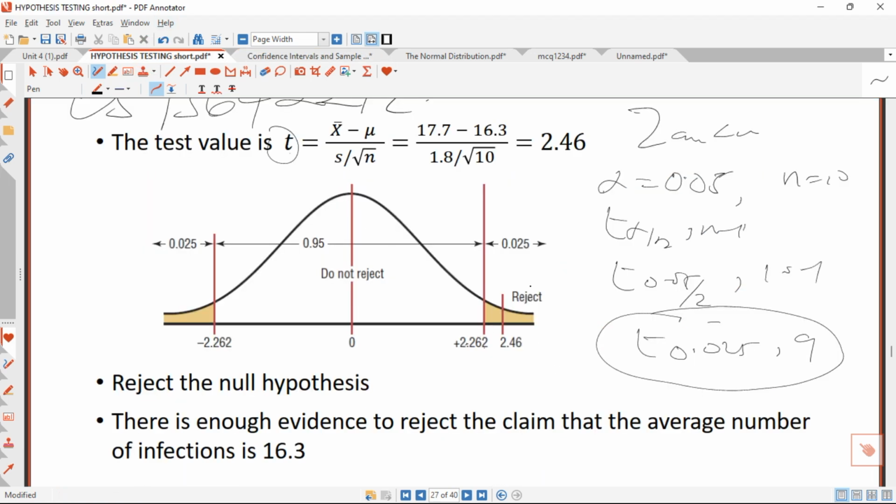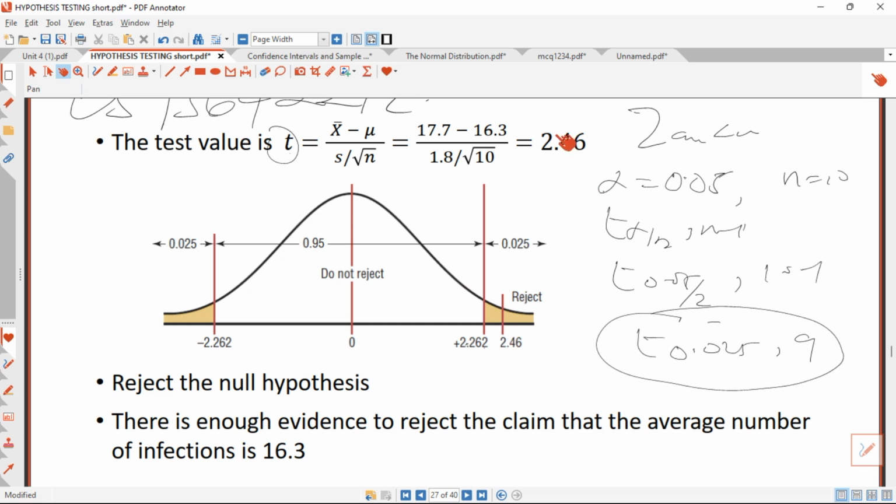So I have to use the diagram to explain a lot of stuff for you, right? So here, we are just going to locate. Since it's a two-tailed test, we are going to have positive 2.262 and then negative 2.262, right? So here, we are just going to locate the positive 2.262 here and the negative 2.262 here. Anything beyond this positive 2.262 will be at what? The rejection region.